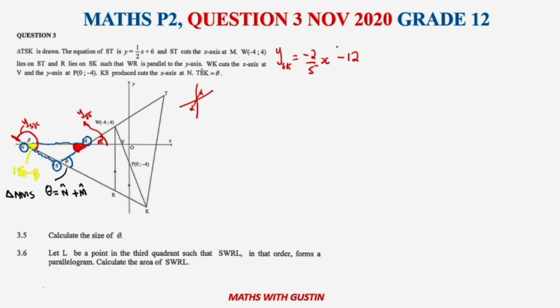We know what to do with a gradient that is negative, guys. So we come here and say the relationship between the gradient and the angle is symbolized by tan.